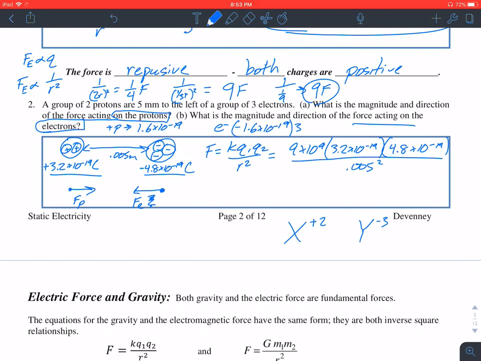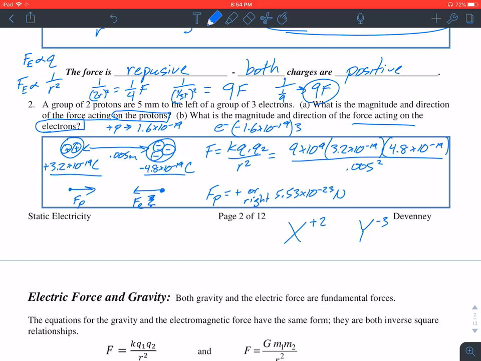So you're going to get that the force on the proton is positive or to the right, right? And that comes out to be 5.53 times 10 to the negative 23rd newtons, right?